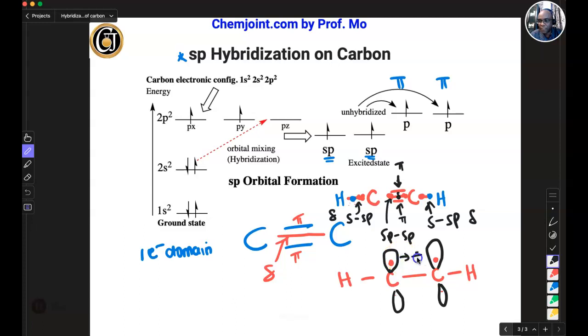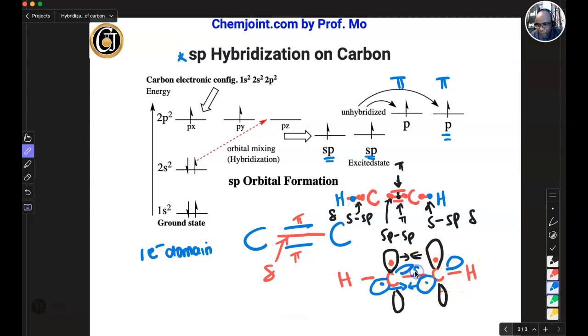When these meet up, you're going to get a pi bond. Now assume this one and this one are the second p orbital of each carbon. Okay, they have to be parallel to make a pi bond. So assume these ones also meet up, you get another pi bond.